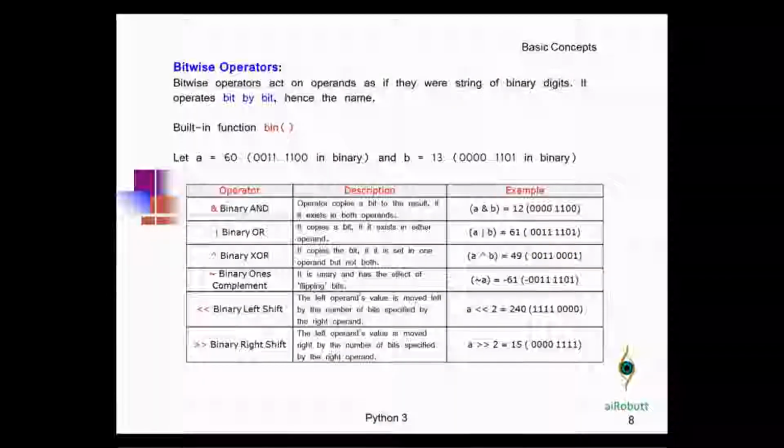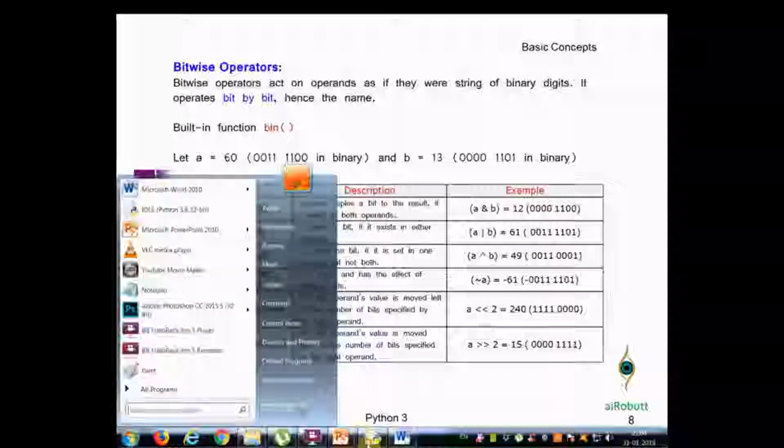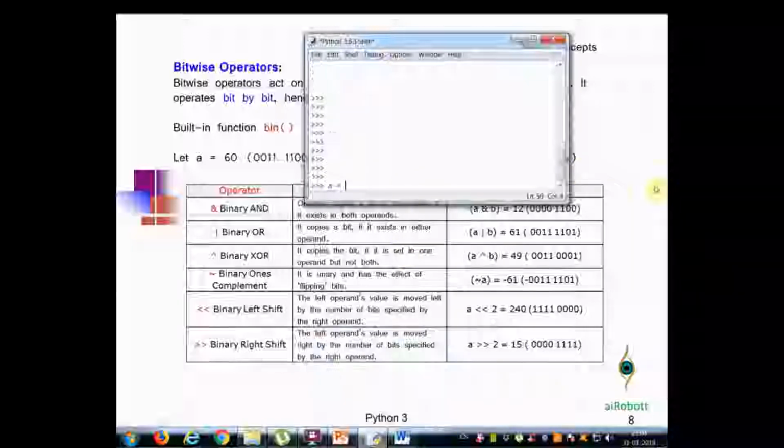Okay. Now we will see the binary ones complement. This uses the tilde. A equals 60. Binary of A is 111100.